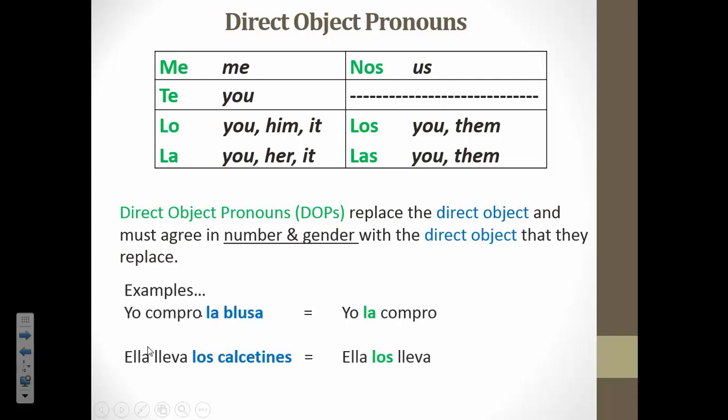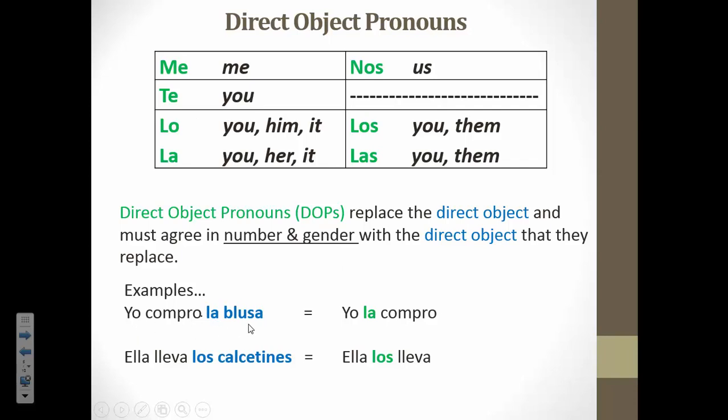Okay, so here are some examples. Yo compro la blusa means I buy the blouse. We know that blouse is the direct object because it answers, what do I buy? And in this sentence, what we've done is we've chosen one of these pronouns to replace the direct object.